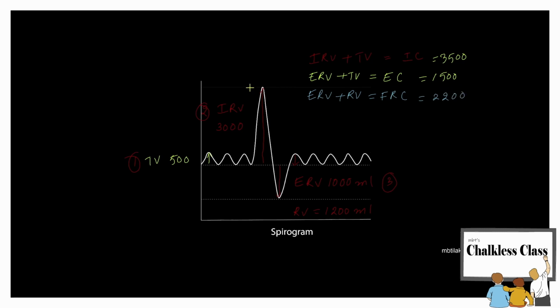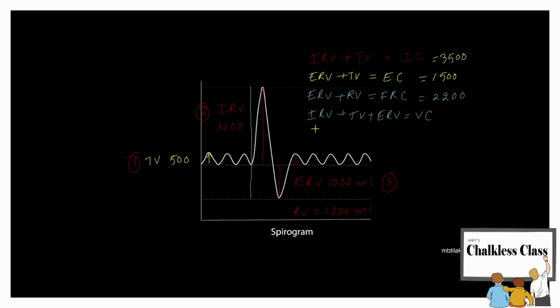Now let us see from here to here. This includes IRV plus tidal volume plus ERV. This is equal to vital capacity.